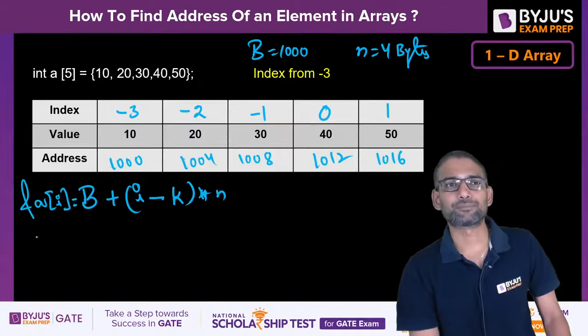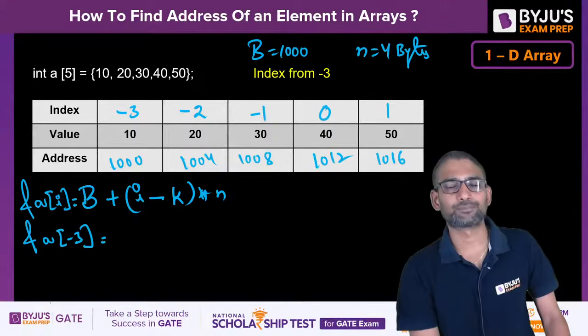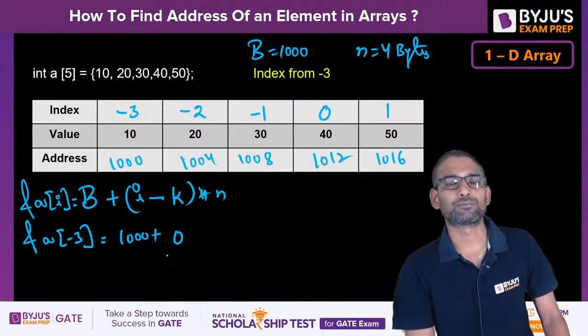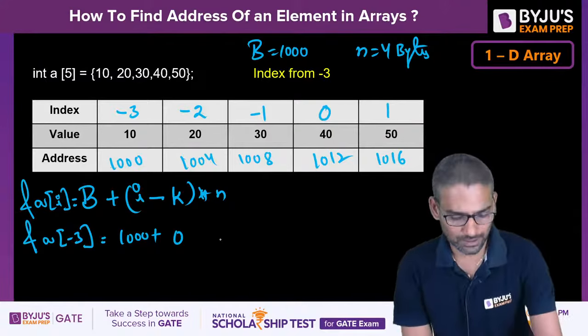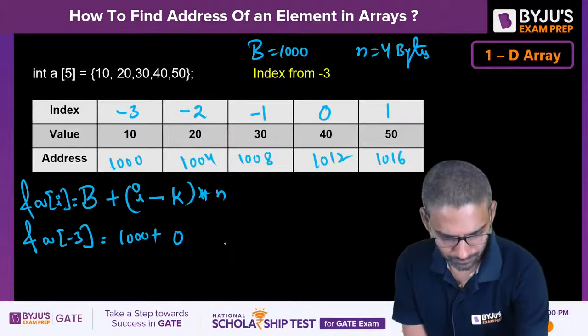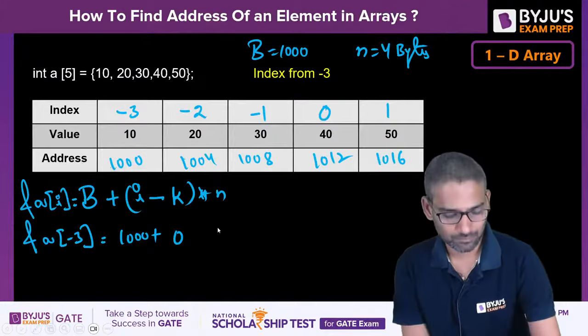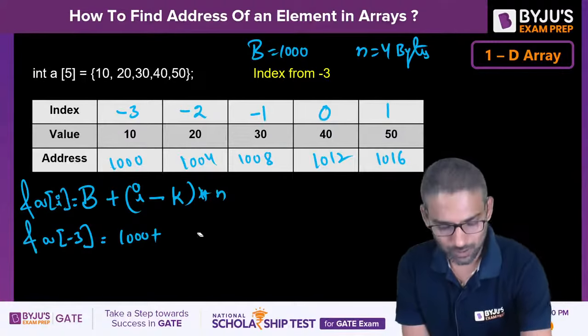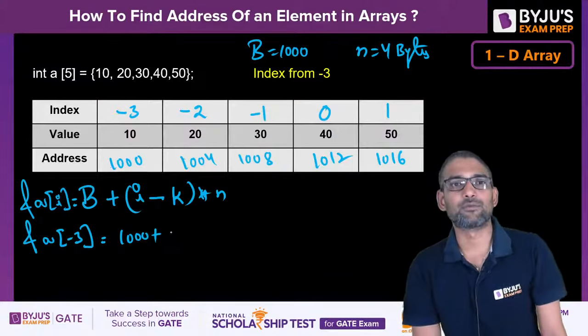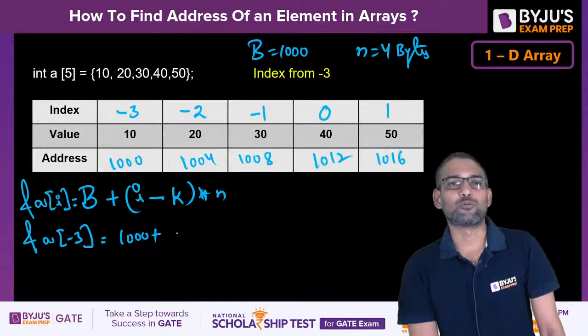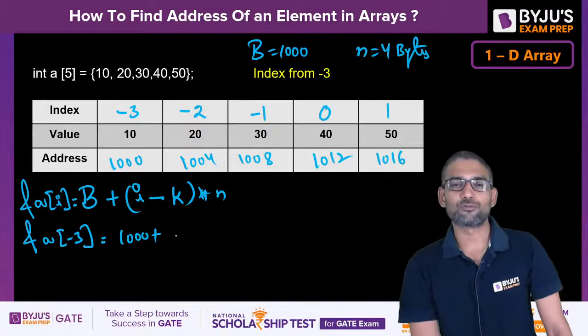Let us check. Address of A of minus 3 I want. 1000 plus, what is I? I is minus 3, whose address I would like to find out.